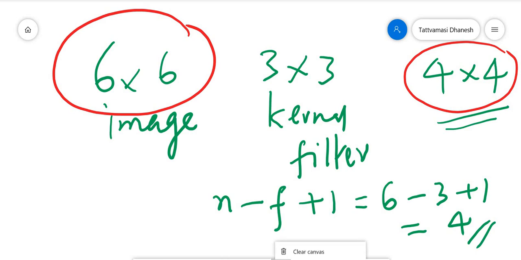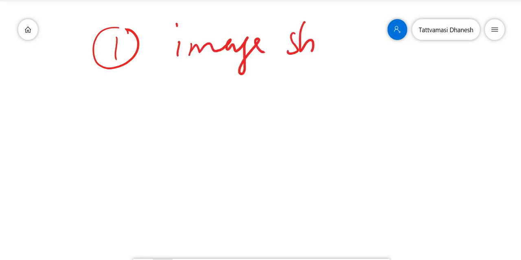We are shrinking the image from 6 by 6 to 4 by 4. Every time you perform the convolution operation, the image shrinks, and we are losing data.